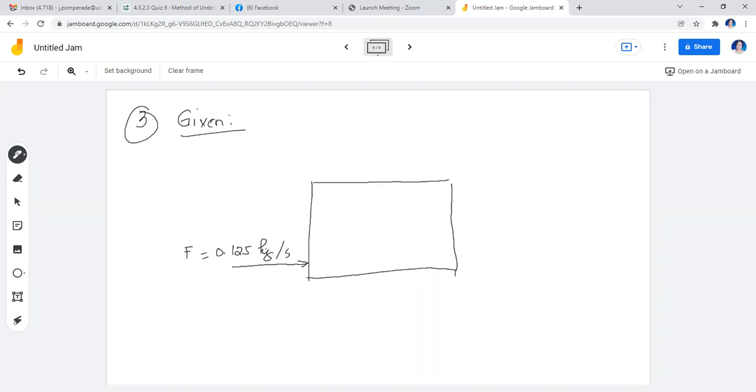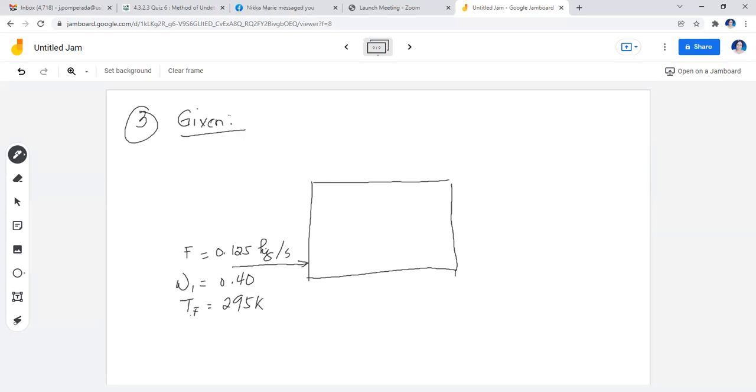So this feed is wet. Now it has a moisture content of 0.40 and a temperature of 295. So this is stated in the problem.